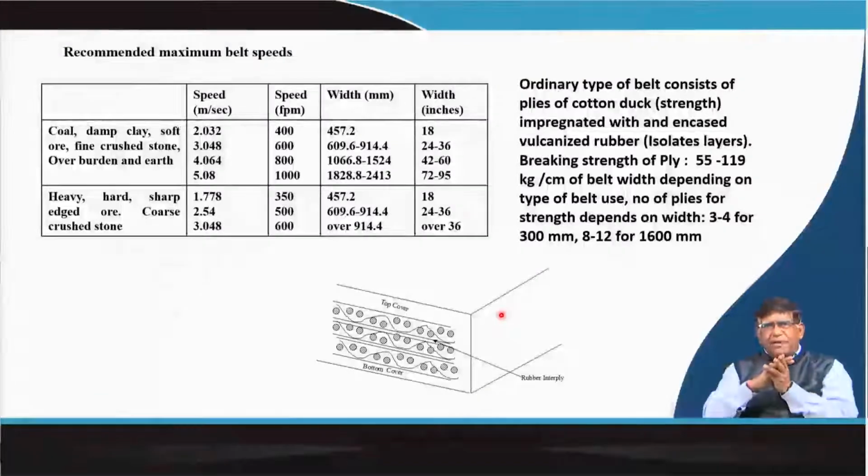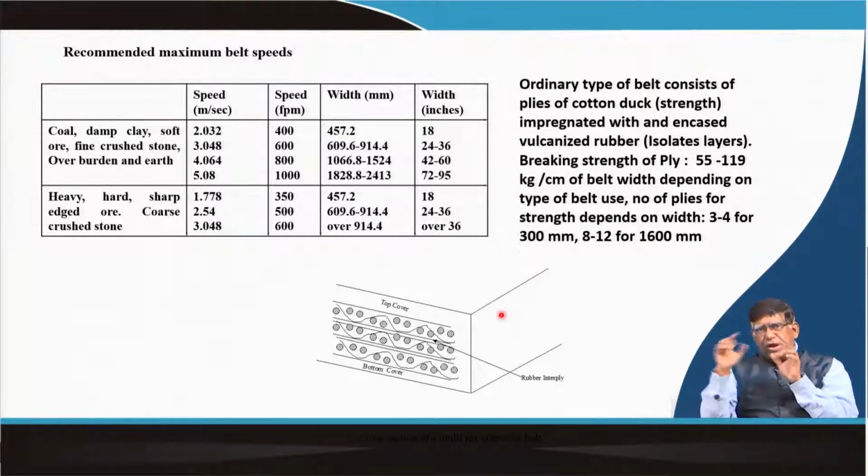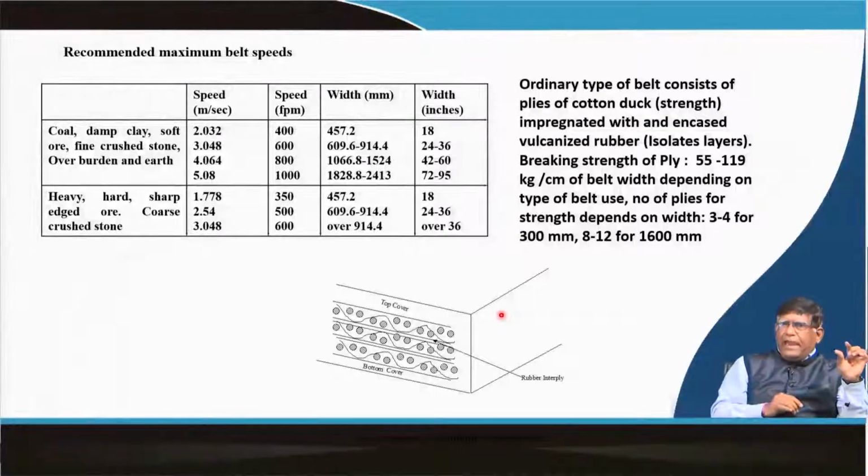And the other type of belt is a steel cord belt, where inside there will be steel wire ropes. Now, in a fabric you have a number of plies, and how the belt will perform depends on the strength of that ply.